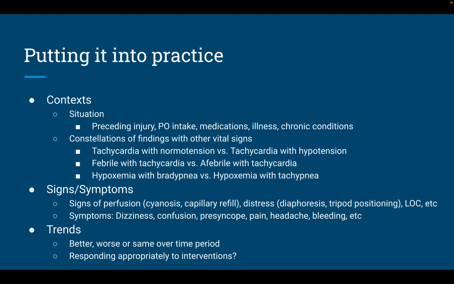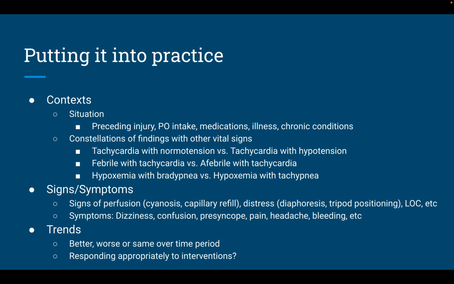They're not able to mount a sufficient blood pressure with the compensatory mechanisms. That's somebody who maybe I'm more worried that they're decompensating fast and not able to maintain their cardiac output.